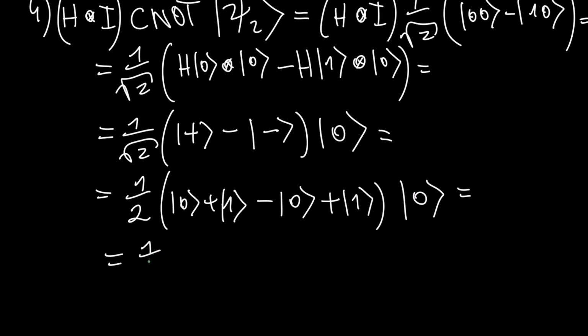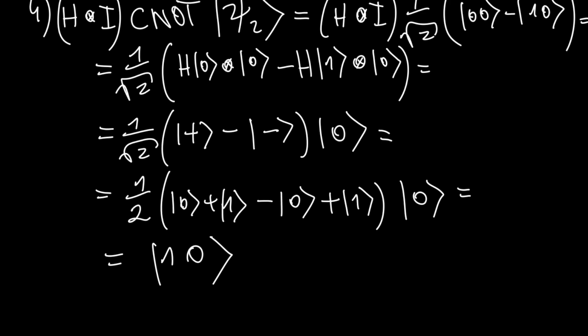So this is nothing more than just 0 minus 0, 1 and 1, it's gonna be 2 times 1, so we just multiply it by the half, and it's gonna be just 1. Simplifies, so it's gonna be just 1, and we have 0, like this.